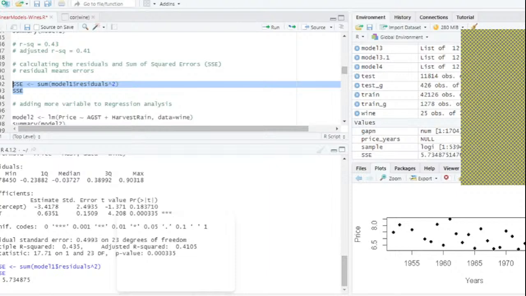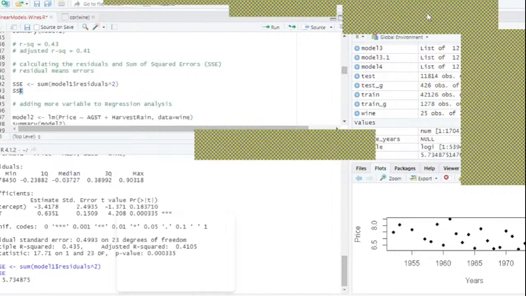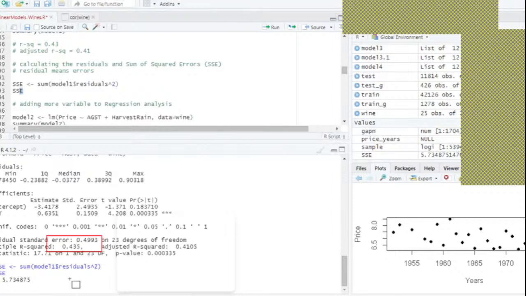So if I have a single variable, remember my single variable, the SSE value in the explanation I've done was 5.73, and the best R square that I could get using a single variable was 0.44.